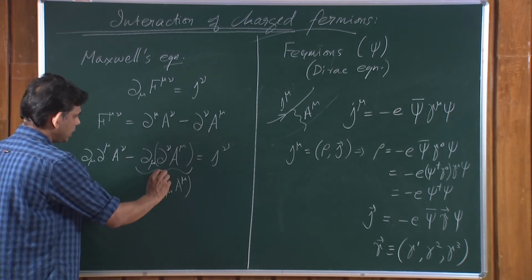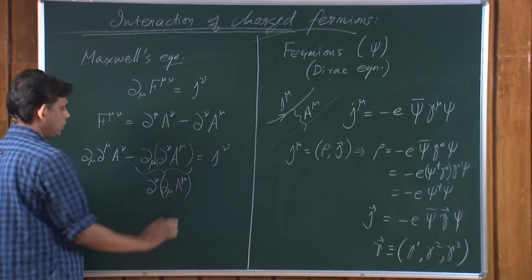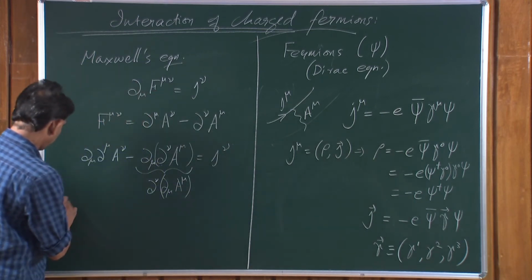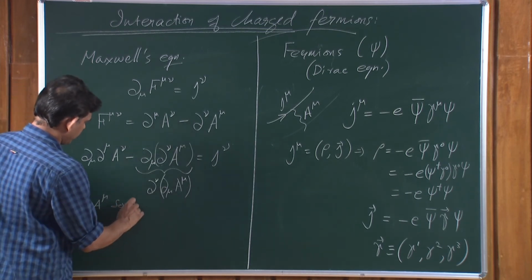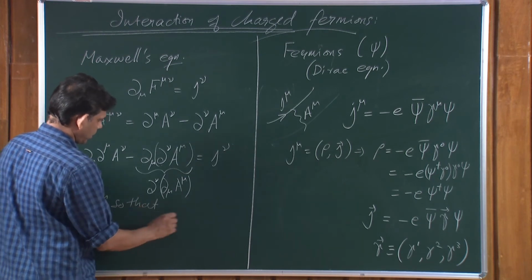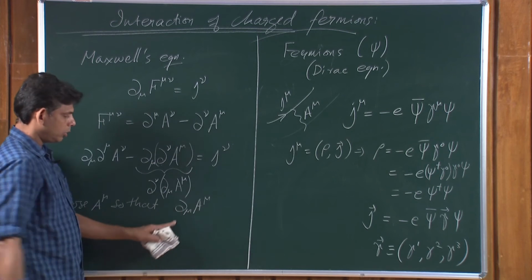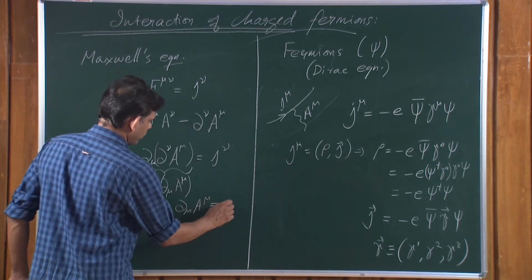So, we will say that we have chosen an A which has this particular condition satisfied: choose A so that dou mu A mu, that is basically the dot product between these two, or the 4-divergence of A, vanishes.